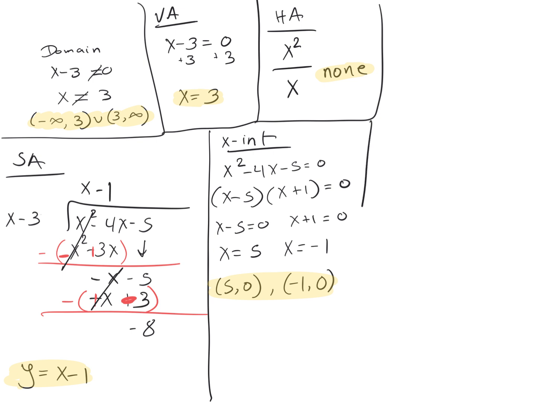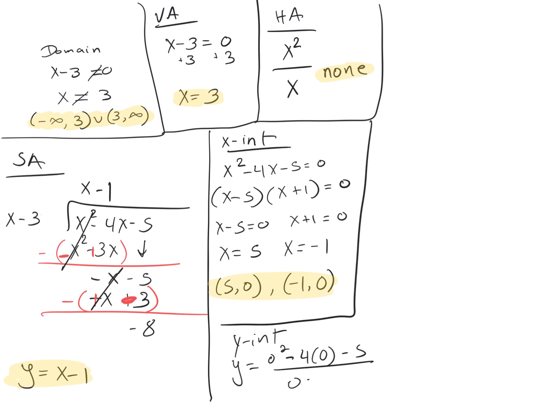Now we're going to look for the y-intercept. For the y-intercept, I am going to plug in 0 to all of the terms that have an x. Wait, let me not skip a step. y is going to equal 0 squared minus 4 times 0 minus 5 over 0 minus 3.